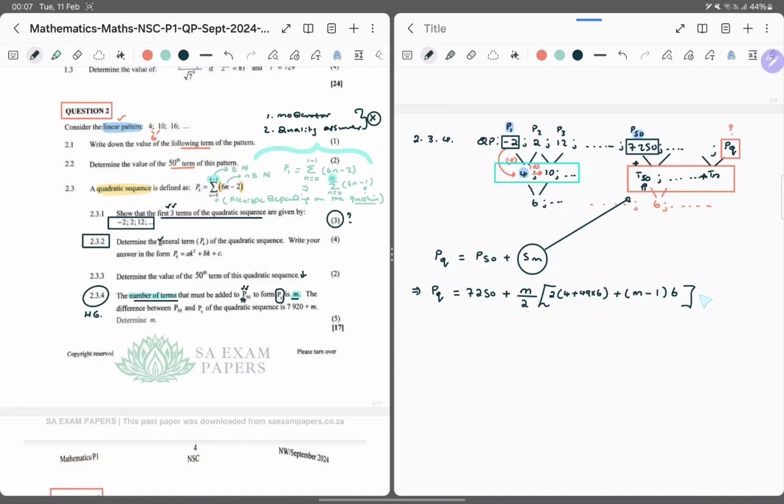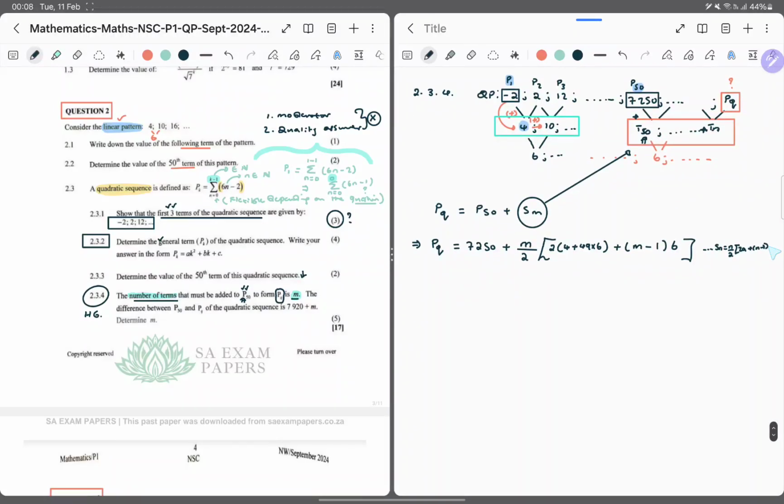We know this is because Sn is equal to n over 2 into 2a plus n minus 1 d. So I'm trying to use it as a reason, folks.